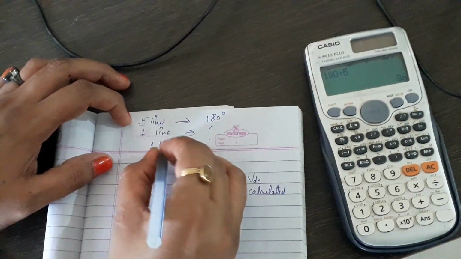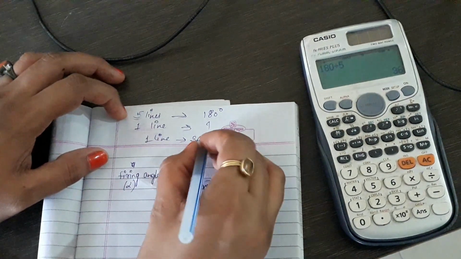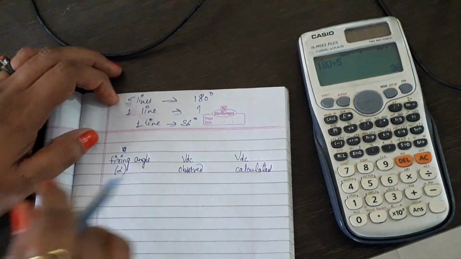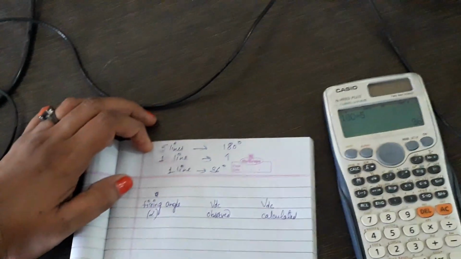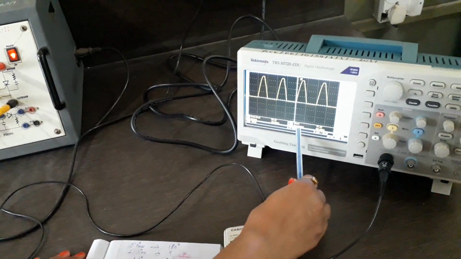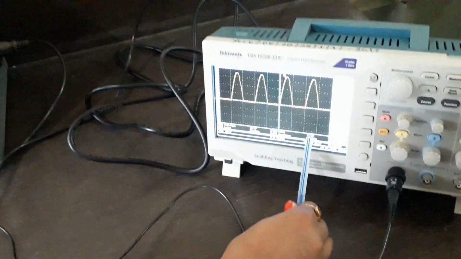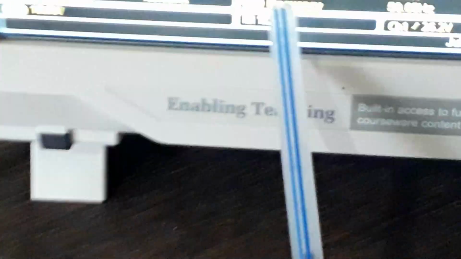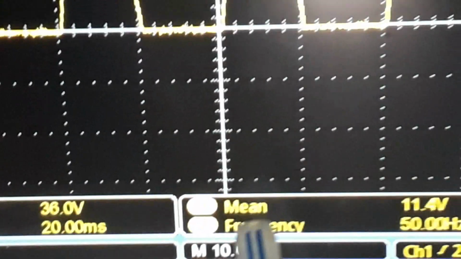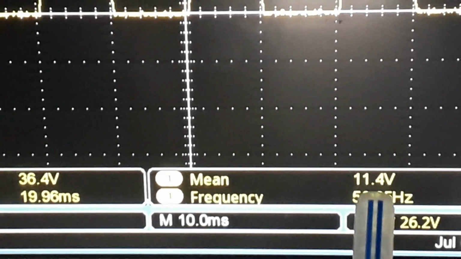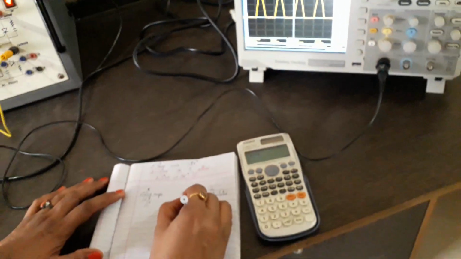One line corresponds to 36 degrees. Now we'll vary the firing angle alpha. At alpha equal to 0 degree, we are getting the mean value 11.4, displayed here. That is the speciality of the DSO, that everything gets displayed.